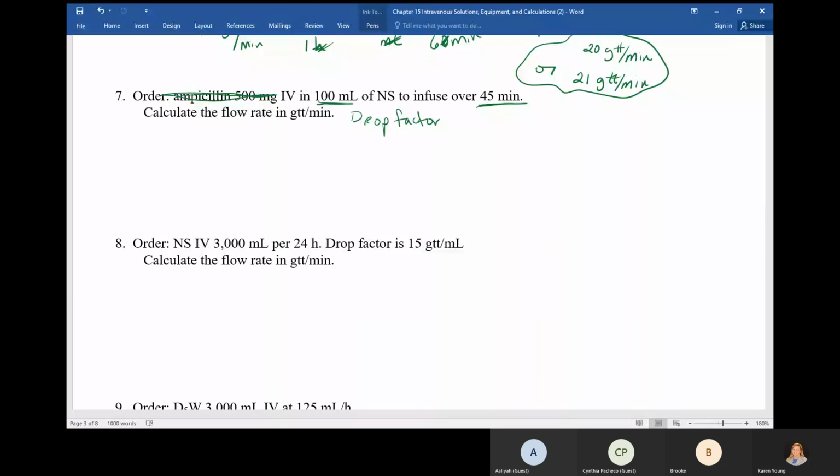So how would we get the drop factor? We're going to call the doctor. He's the only one that's going to tell me what the drop factor is. So you're going to call the doctor and ask for clarification.